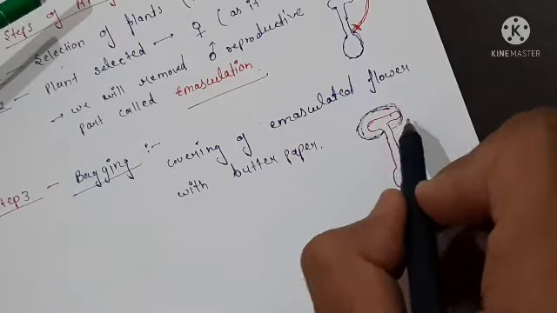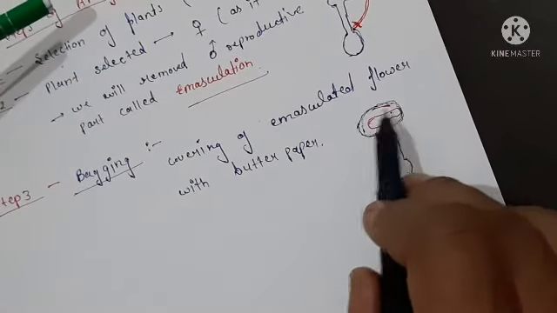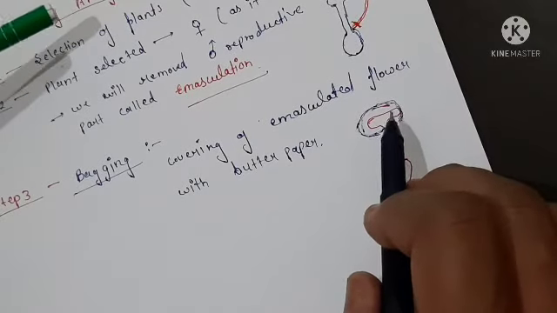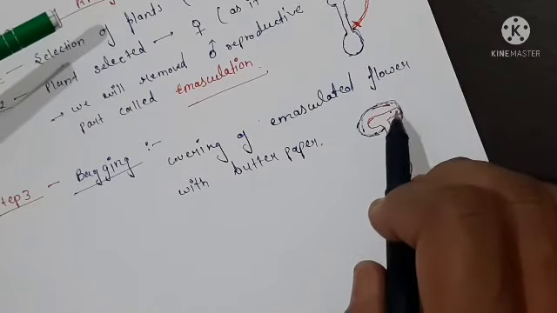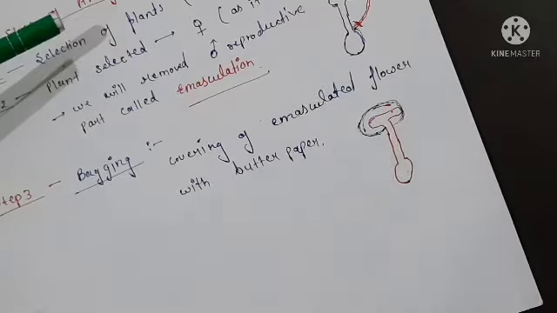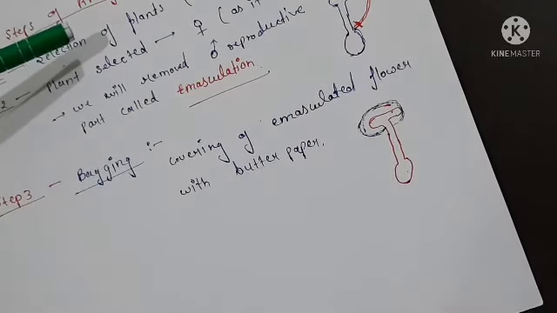Why will we do so? If this stigma is open, any type of pollen grain can come and start to germinate. What is our aim? Our aim is a cross with the pollen grain that is suitable.